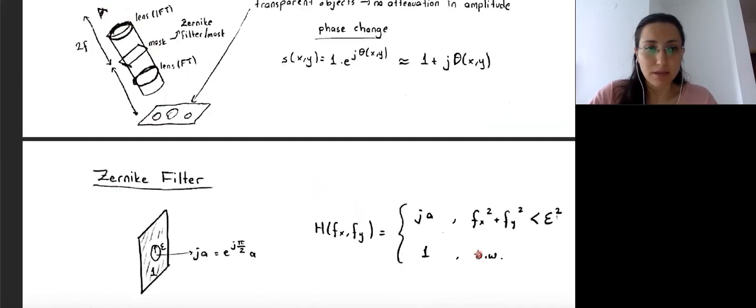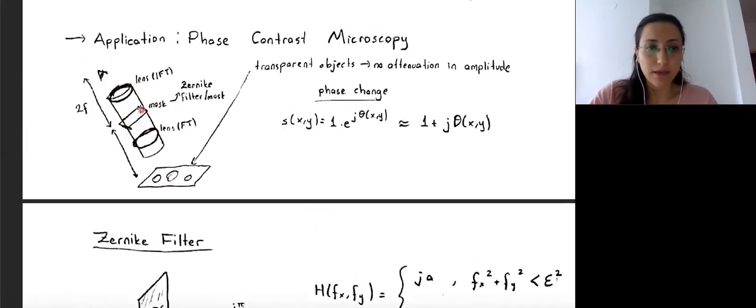Now, after the mask, what do we have? We have another 2F system until the light reaches our eyes. So that means the field distribution after the mask will have another Fourier transform.